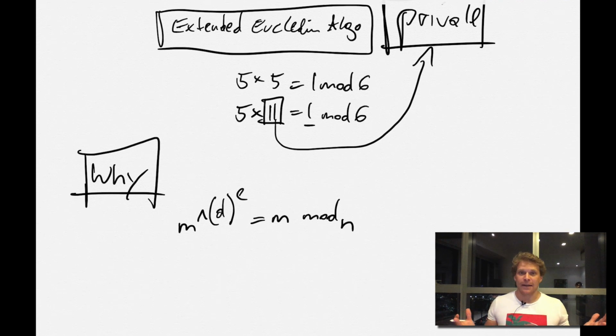This is what you're asking. Because how is it possible that I have m, I do a mod, I get a number, I do another power with the decryption key. So first it's, sorry, I have the e and n wrong always. So that's encryption first, then decryption. And how come I get the message out again?